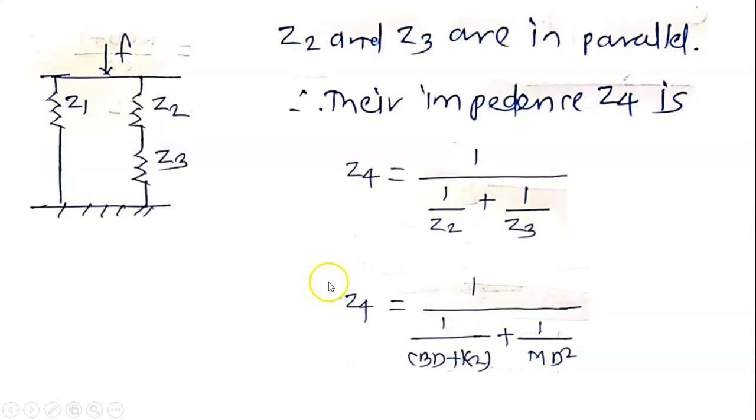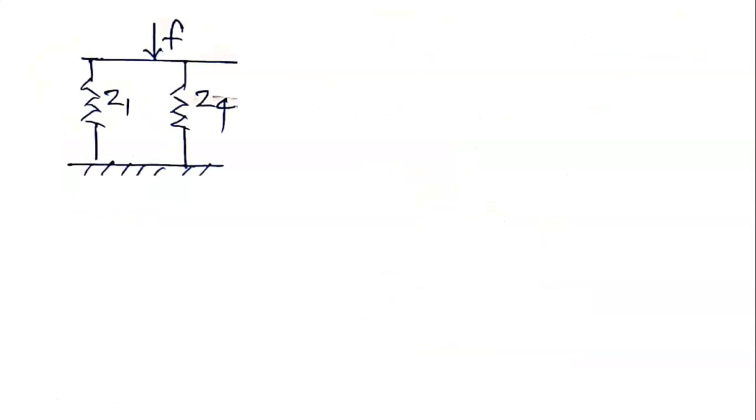Now Z2 and Z3 are replaced by Z4. Therefore, we will get two springs, Z1 and Z4, in the next slide. See here, Z1 and Z4. Now Z1 and Z4 are in series.